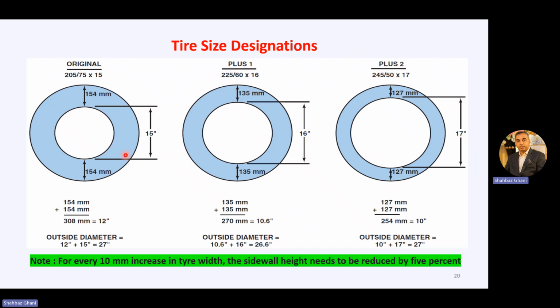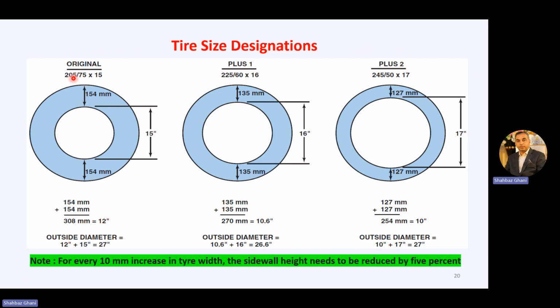Now, going from original to plus 1 and plus 2, we have to keep one thing in mind. First we have to calculate the outside diameter of the complete wheel or the tire. First we have this inner dimension, that is the rim dimension, that is the 15-inch. Then we have to calculate the sidewall height.